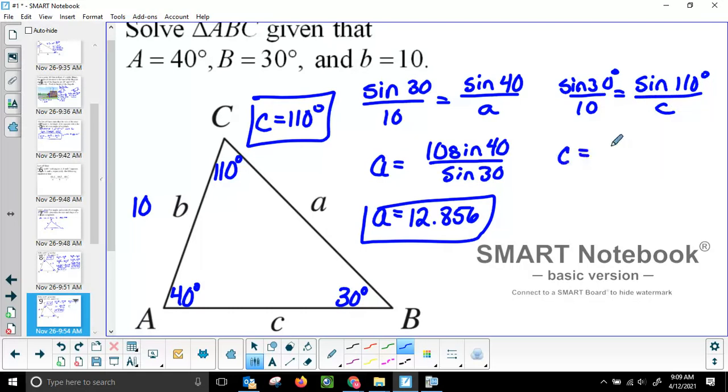So C is going to equal 10 sine 110 over sine of 30. 18.794, you said? All right.